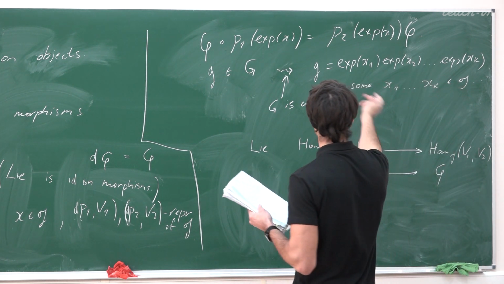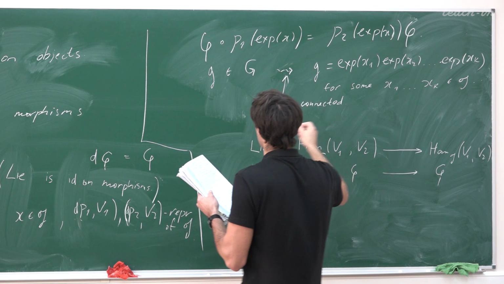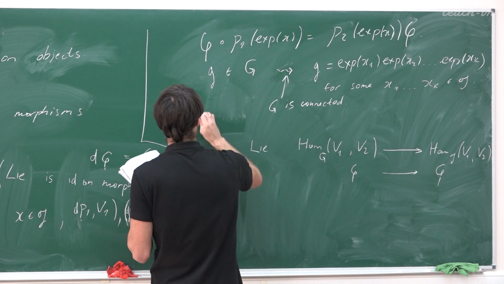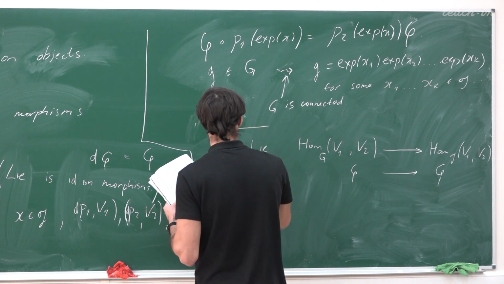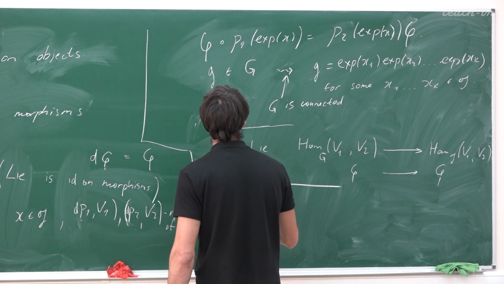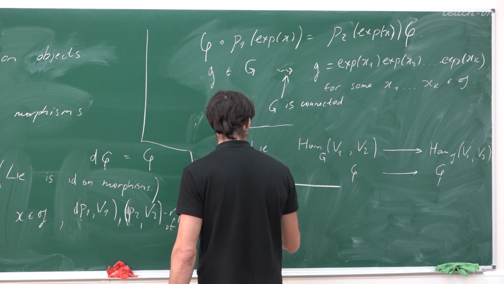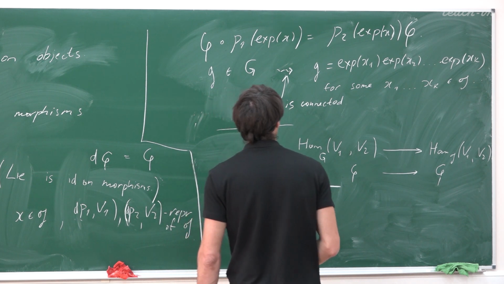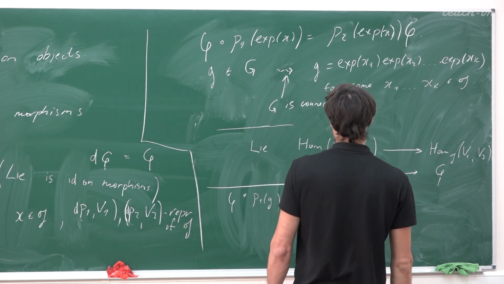And what's next is clear, right? If I take phi of rho 1 of g, then I express g as this.